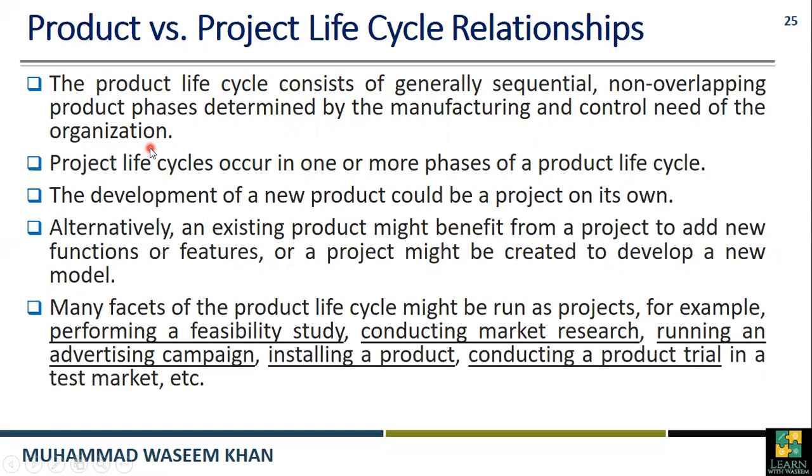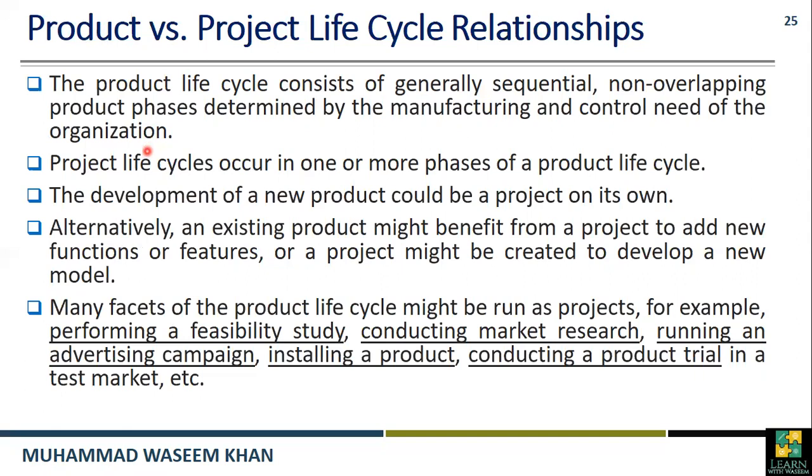So the difference here is that if you remember, in the project life cycle, the phases were sequential and sometimes overlapping. But in the product life cycle, the phases are sequential and non-overlapping.